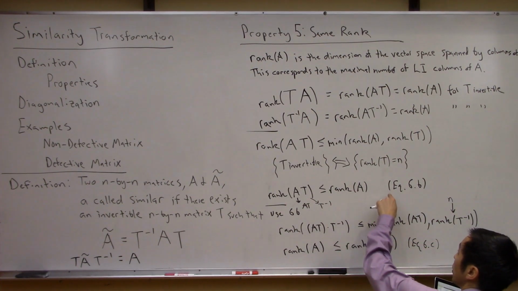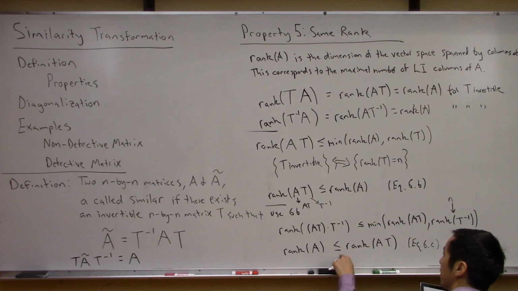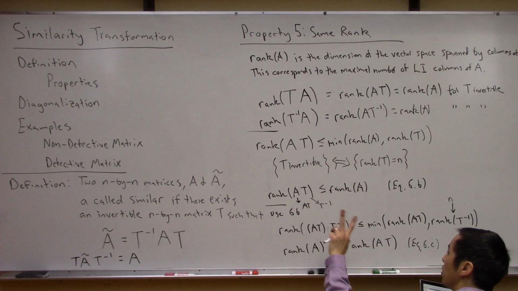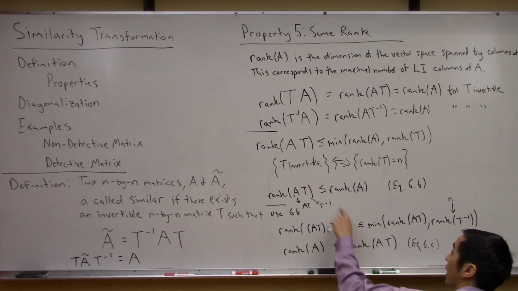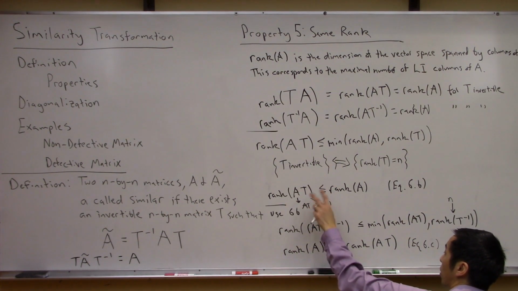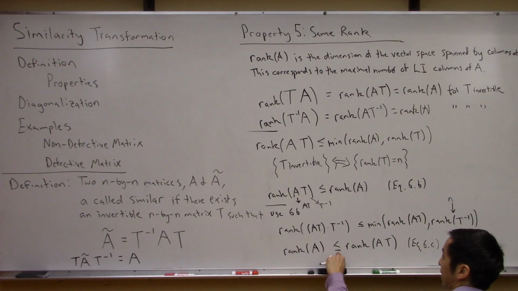If you look at equation 6b and equation 6c, the only way these two are satisfied simultaneously is if the rank of A is equal to the rank of AT, because it's on opposite sides of the less than or equal sign.